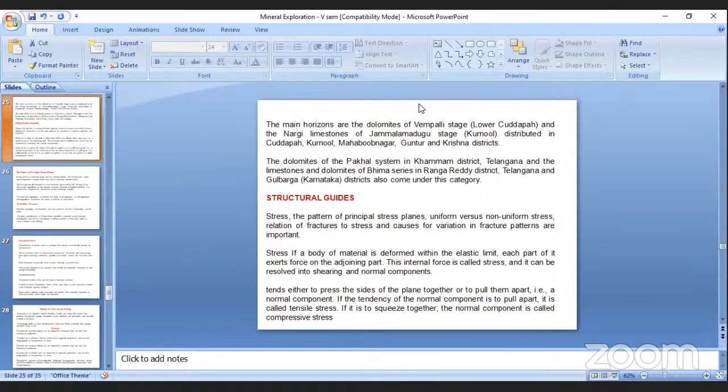If it presses together, this component is called compressive stress.